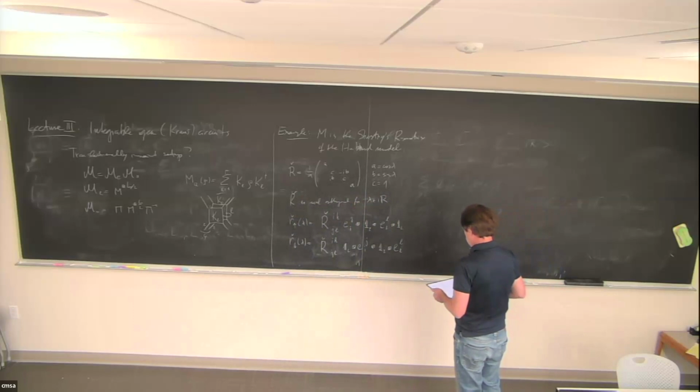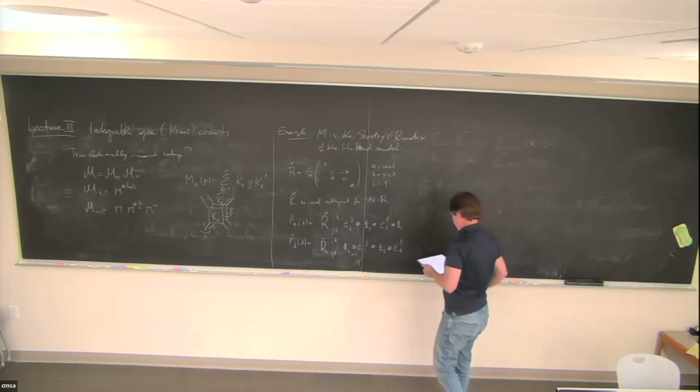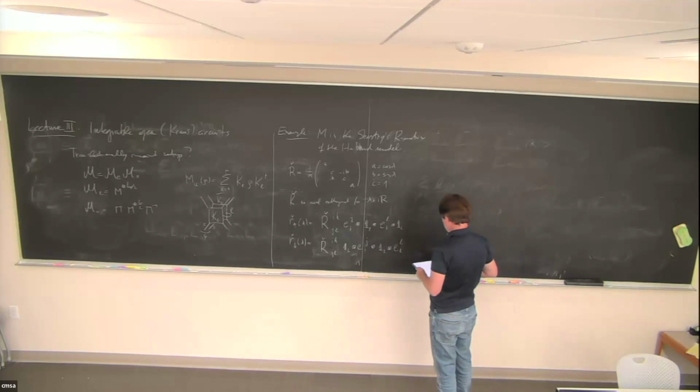All right. And of course, this guy satisfies the Yang-Baxter equation, but this is trivial. But now what we can do, we can couple two terms formed from these guys.